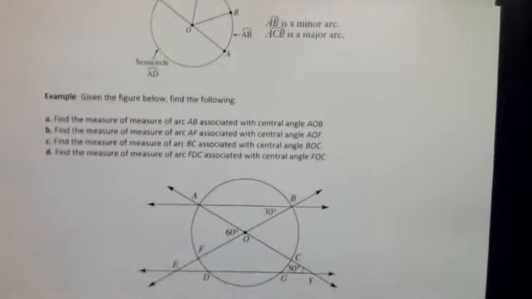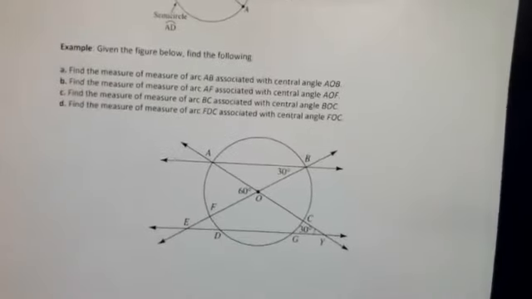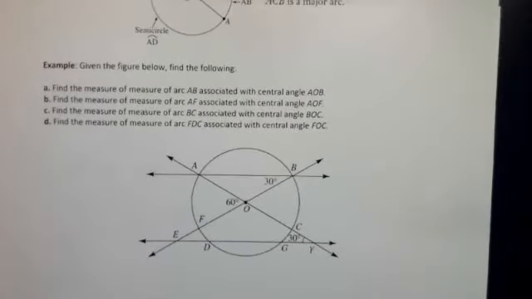Okay, so let's look at this example here dealing with central angles and arcs. In this case here, we're given the figure below and we want to find the following.